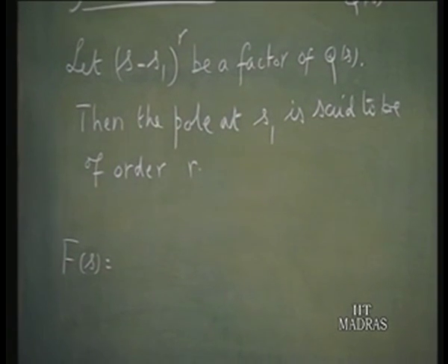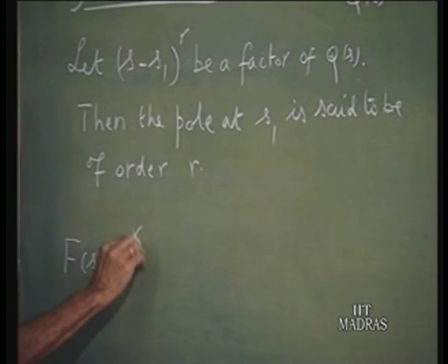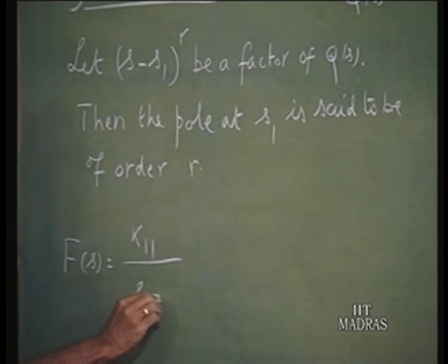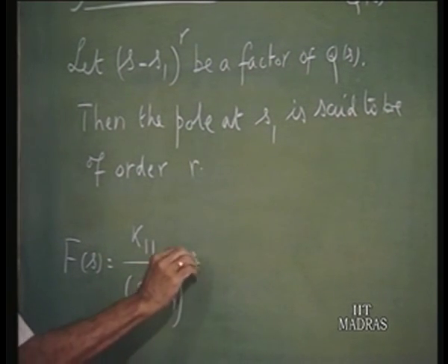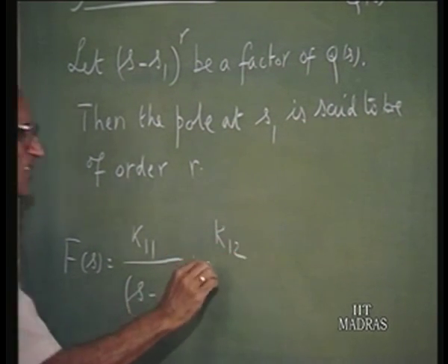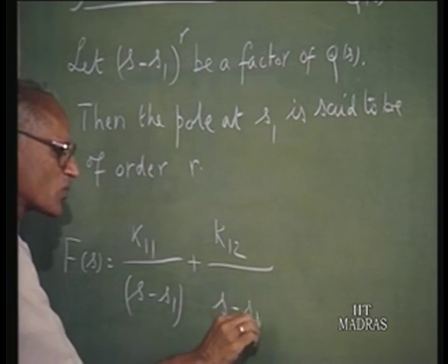Then the partial fraction expansion of F(s) will have the form, corresponding to the pole at s equals s1. We can write this as k11 over (s minus s1) plus k12 over (s minus s1) whole squared.